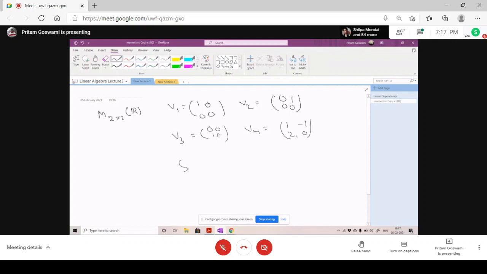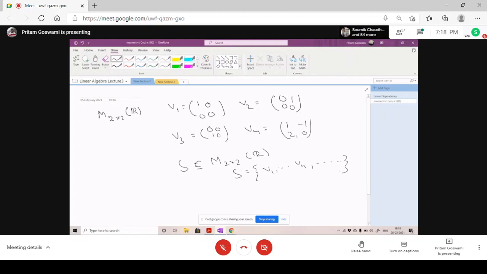And if I say that S is a subset of this vector space M2 cross 2 R such that S contains V1 to V4 and some other matrices, is S linearly independent or dependent? Dependent. Why? V4 can be written as a linear combination of V1, V2 and V3.